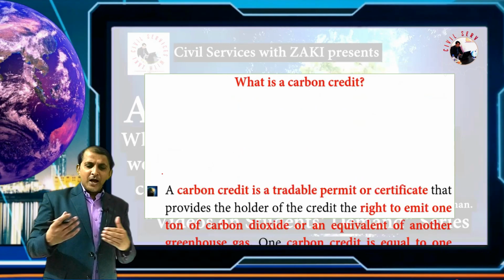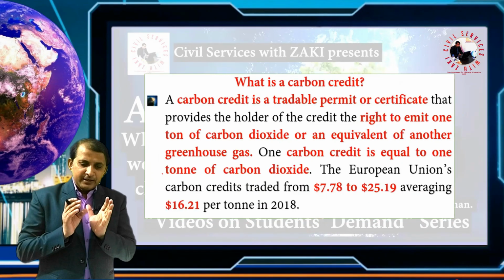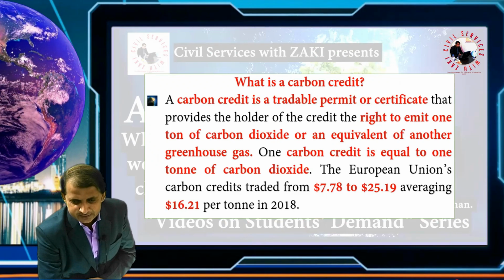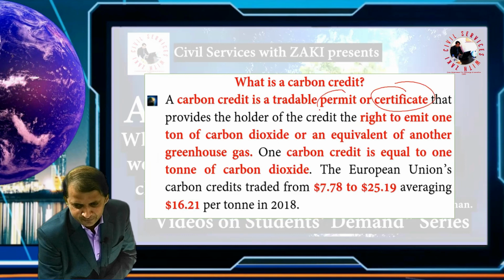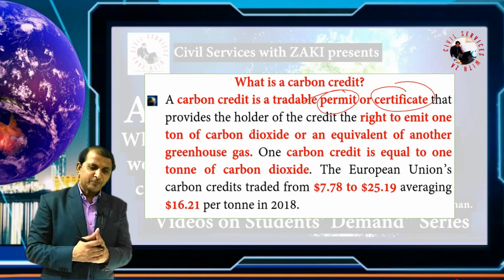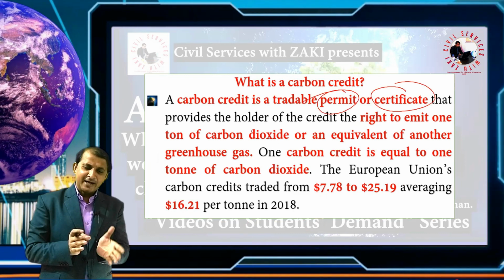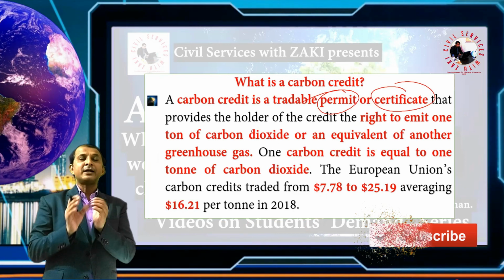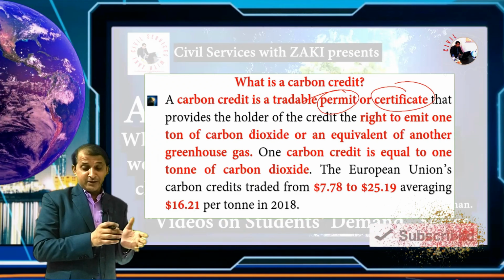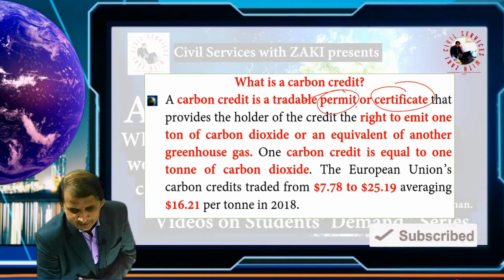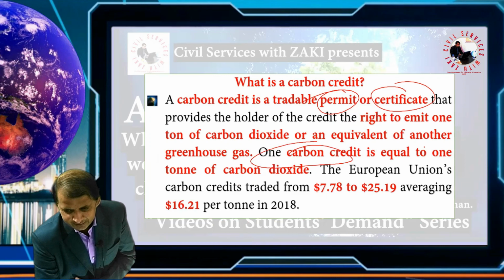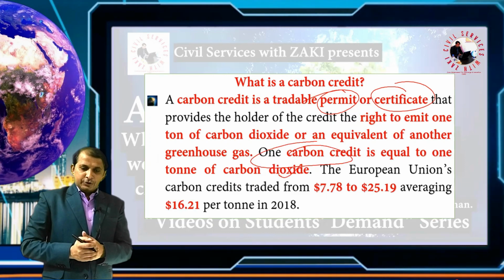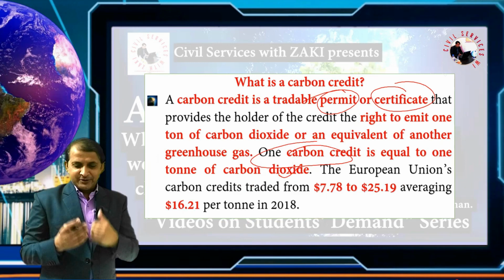A carbon credit is a tradable permit or certificate given by an authority. It provides the holder the right to emit 1 ton of carbon dioxide or an equivalent amount of another greenhouse gas. So 1 carbon credit is equal to 1 ton of carbon dioxide, and a price is fixed for this carbon.